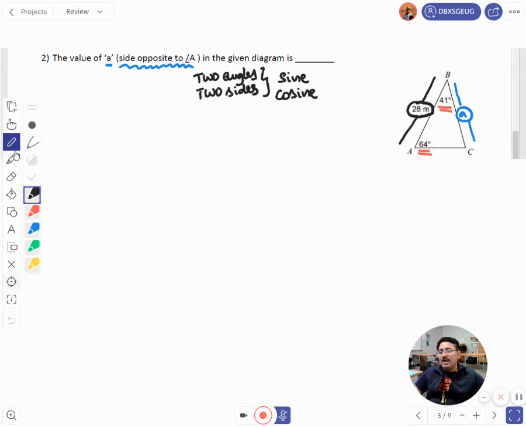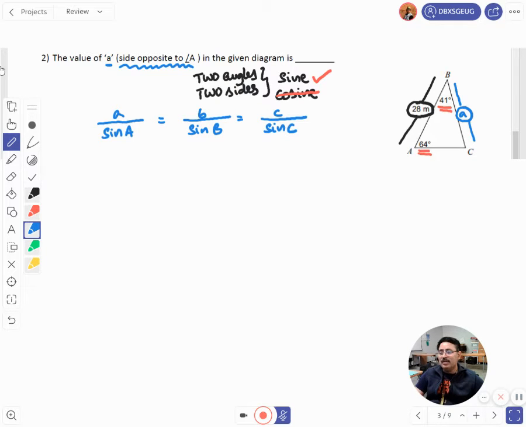So once you identify what you have to do, it's not cosine. Then let's write the rule, which you have to memorize. a over sine A equals b over sine B equals c over sine C. Now let's plug in the values.